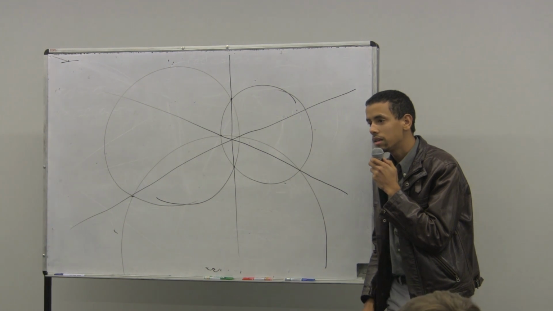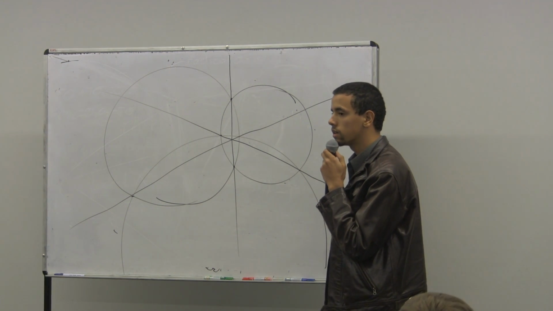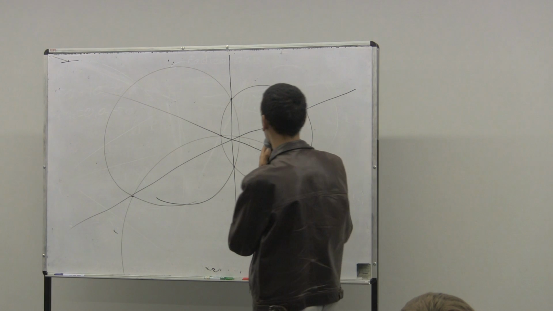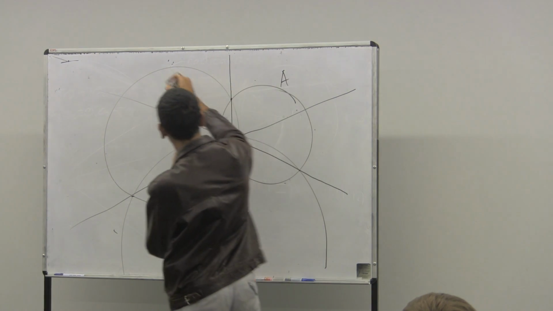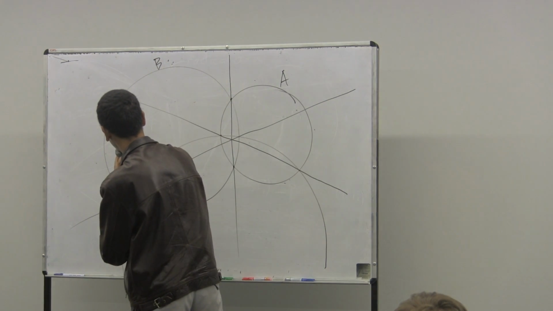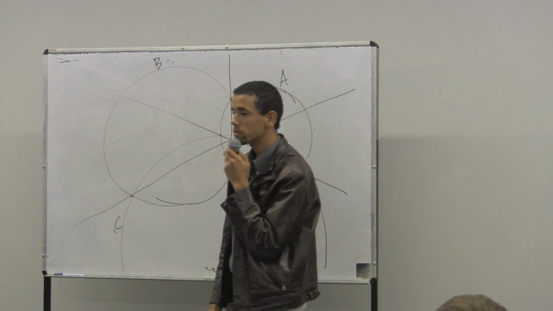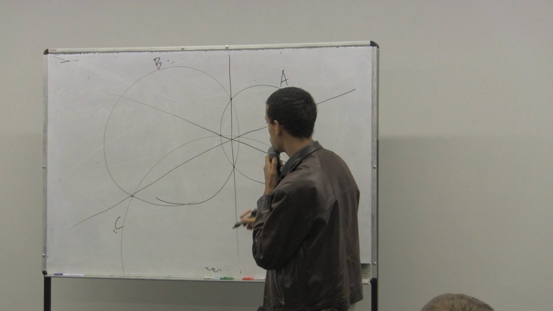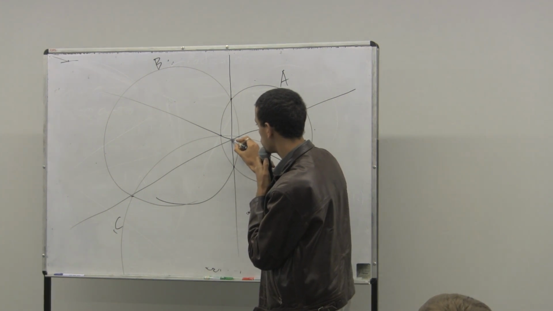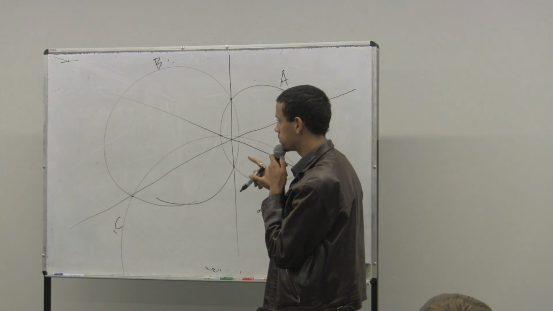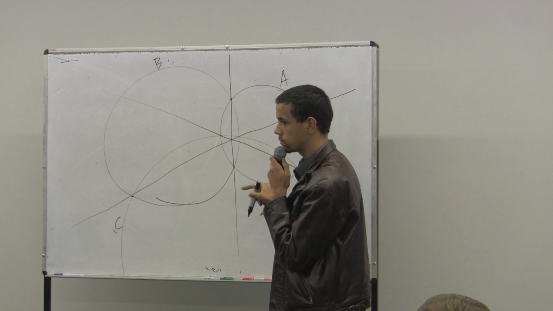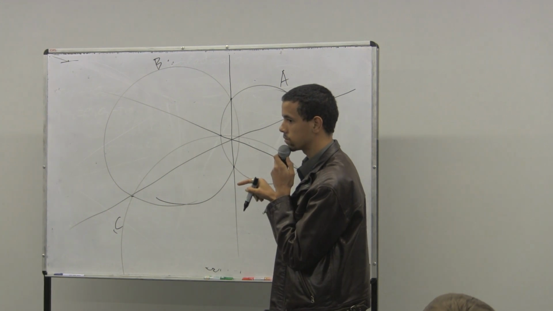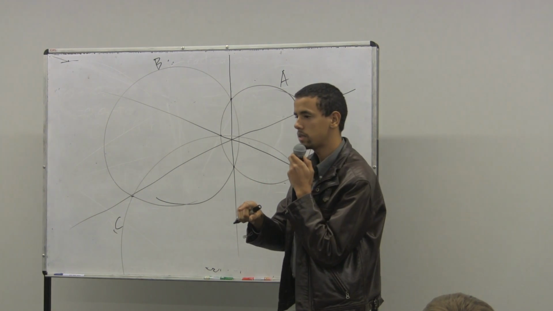So if you, for example, name the circles A, B, and C, then that one point over there, if it has the same power for circles A, B, and A, C, then it has to have the same power for all three. Yeah, pretty much what he said.